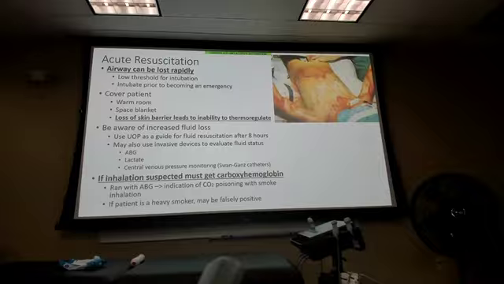Now we're going to use the Vigileo and the flow catheters to really identify what their status is. And occasionally, depending on if their belly is really burned, we can use the IVC, but most of the time their belly is burned and we're not going to put unsterile gel onto a burn.